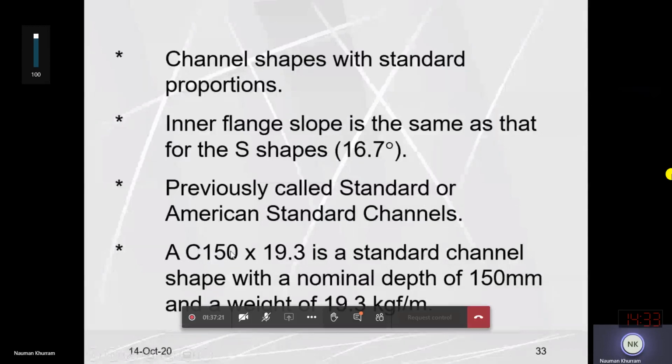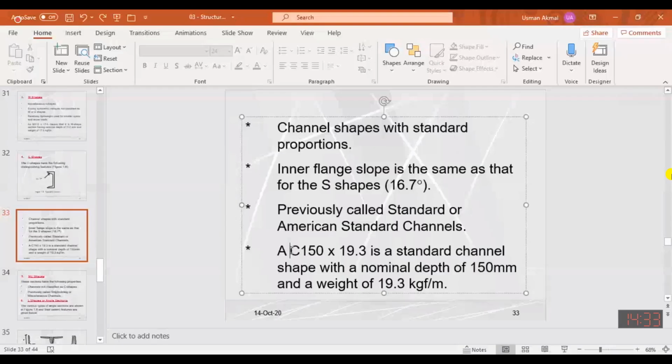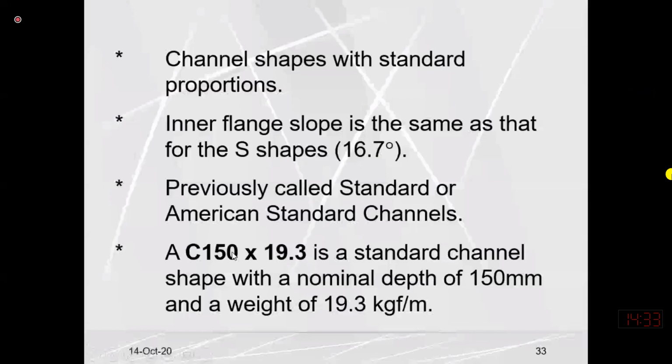A designation, for example, C150 into 19.3, is a channel section whose nominal depth is 150 millimeter and weight is 19.3 kilogram per meter.